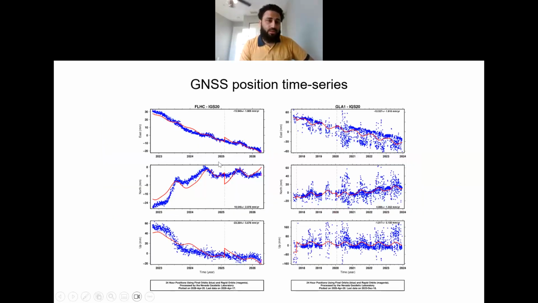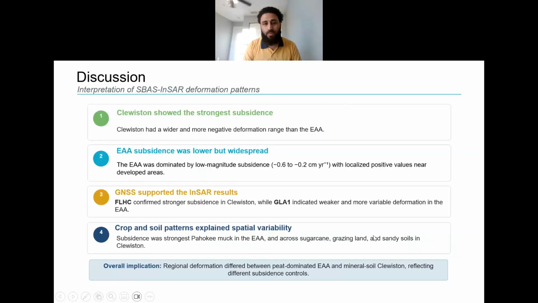Then we have to validate our data. This is from InSAR, but we have to validate it with the GNSS also. So there were two GNSS stations in the two study areas. The one which shows higher subsidence had a GNSS station there that was monitoring the location 24 hours every day. It also showed around 2.3 to 3.5 centimeter per year subsidence, whereas the other one, organic soil, showed relatively less subsidence.